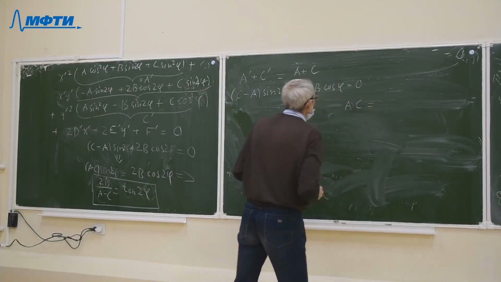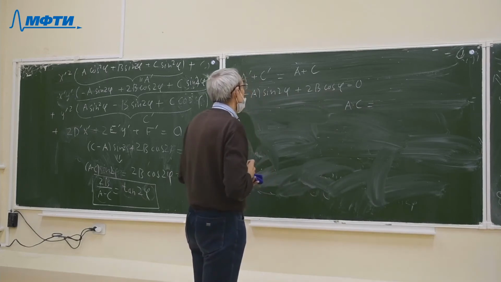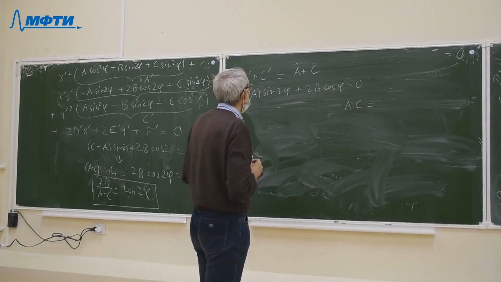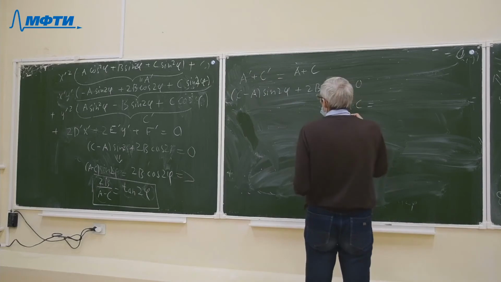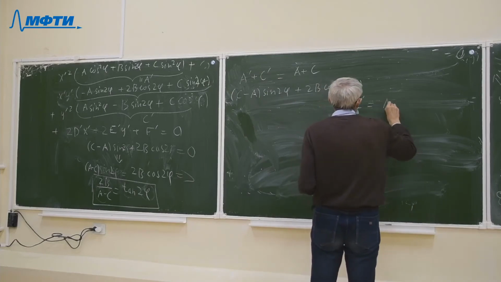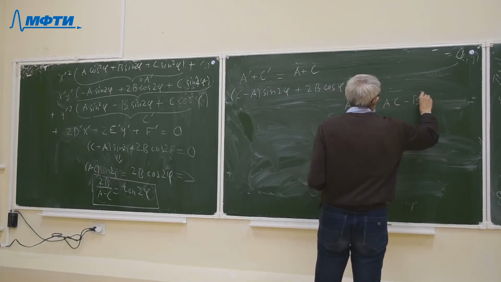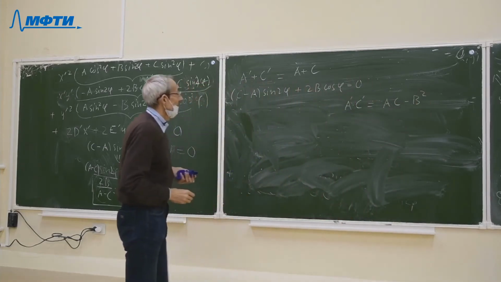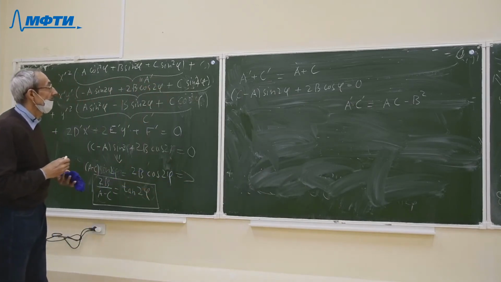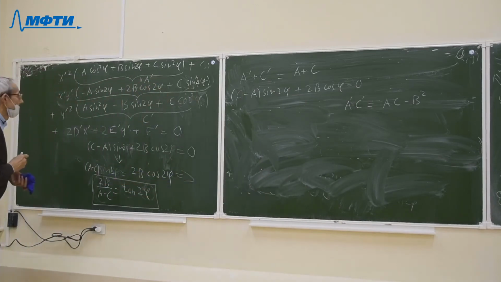The product A prime C prime is equal A C minus B squared.